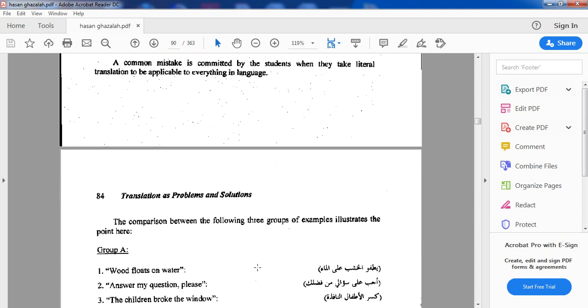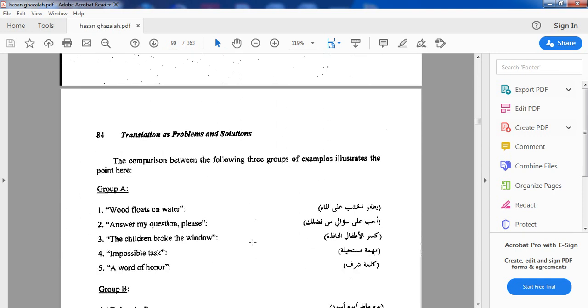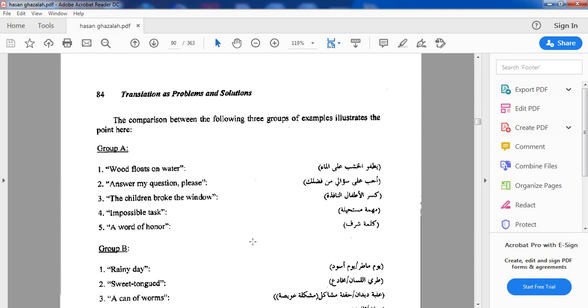Okay, the writer here gives three groups of sentences, or sometimes expressions, to identify the main idea.